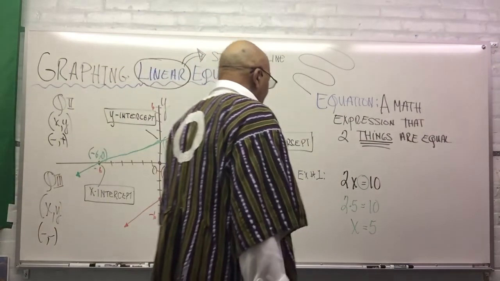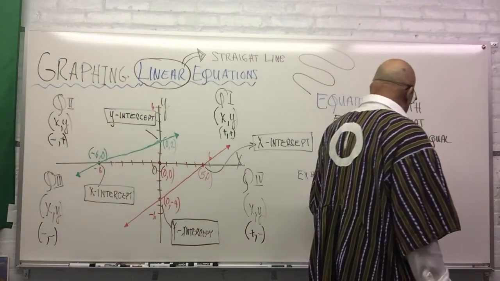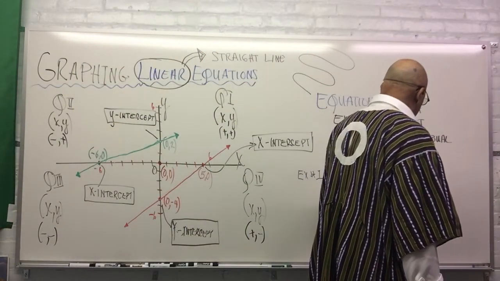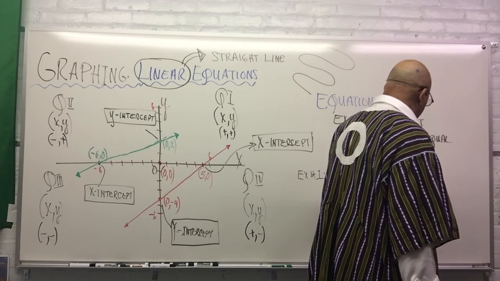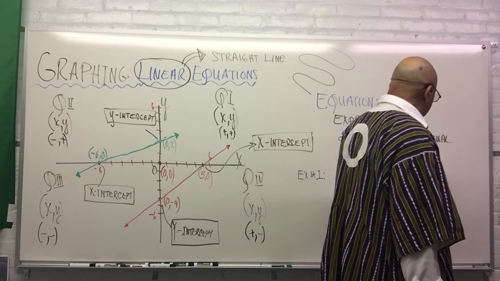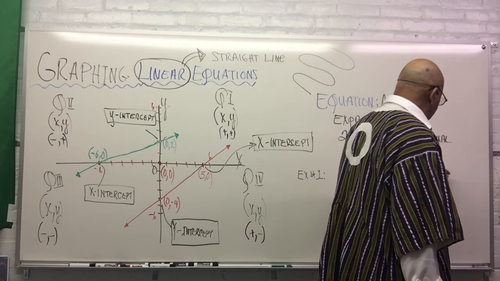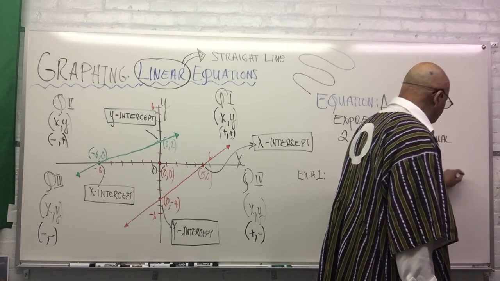So what if we had example 2, example number 2? What if I said 3 times x equals 27?